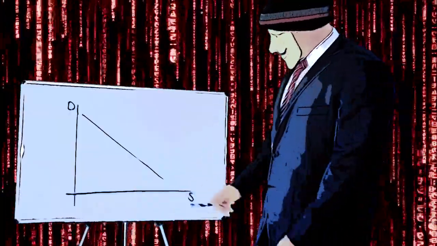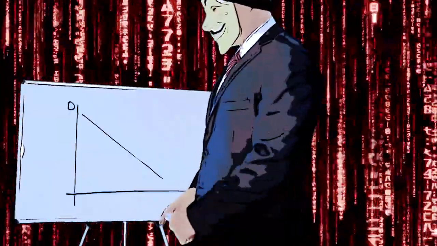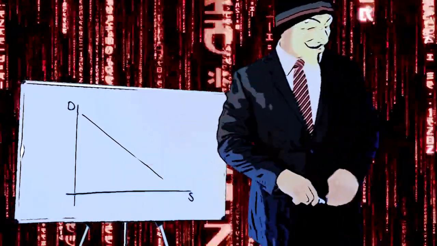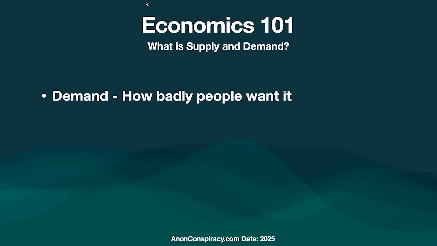Okay, and then supply, we're going to represent by an upward slanting line, an upward slope.